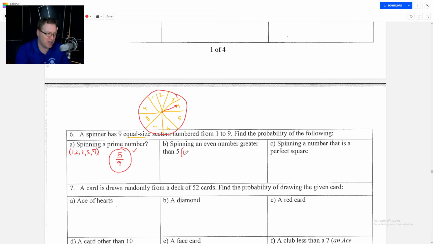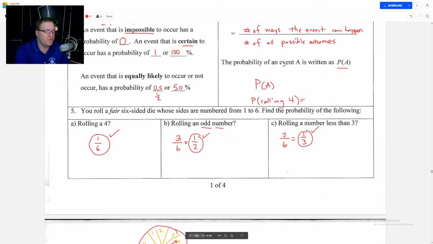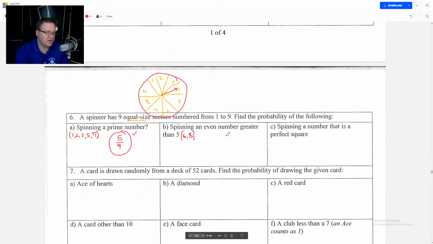Just 6 and 8 are the only two, right? All right. So how many are there? Just 2, all right? So the number of ways that this can happen is 2, and the number of total possible outcomes is 9. So the answer is 2/9 is the probability.